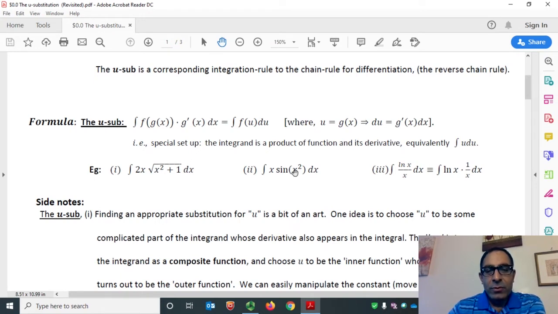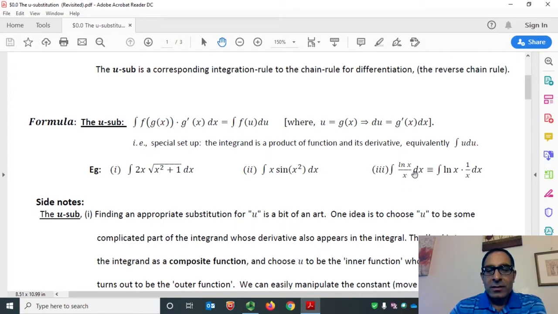In this example, we put u equals x squared, then its differential turns out to be 2x dx. The constant we can always manipulate, we can always move in and out of the integral. In the third example, integrate ln x over x dx.